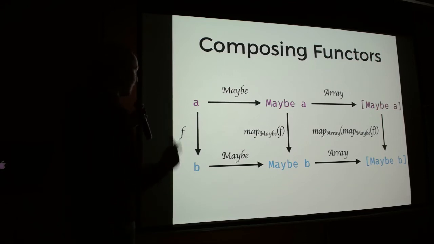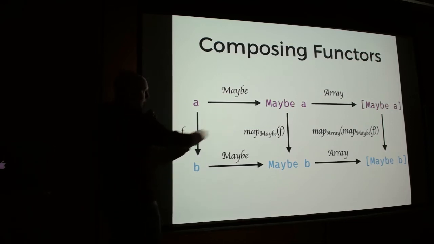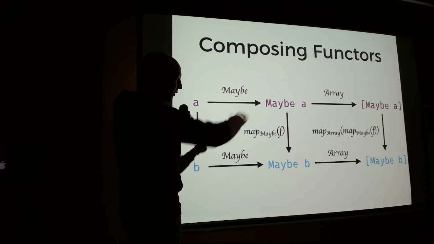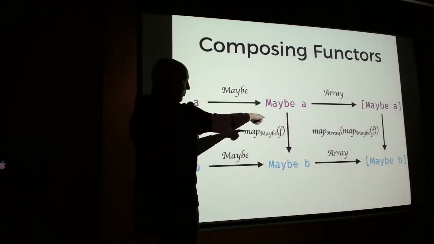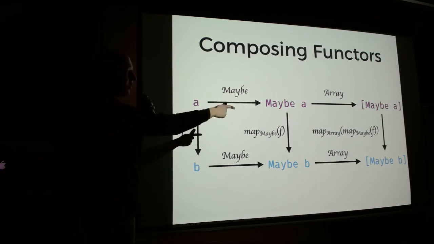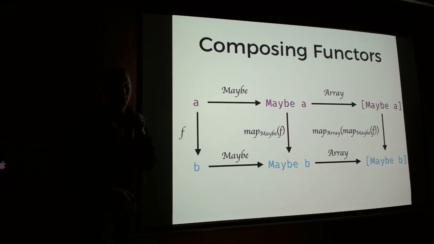And the beautiful thing is that once we define f, we can reuse it again and again. So we can map between maybes, right? By just applying map for maybe to f. And then if we apply to that function here, map for array, we'll get a new function that works with arrays of optional values. So what it does, right?